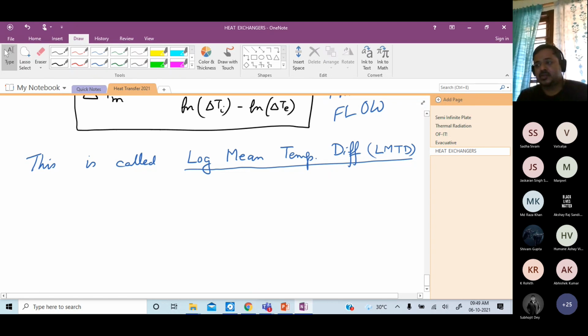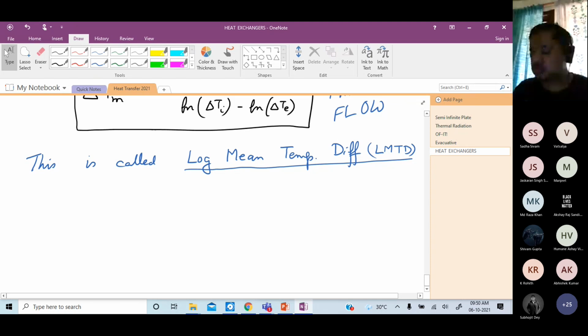Okay. So the entire solution to heat exchanger problems revolves around these three. As of now, whatever we have taught, these three are equivalent expressions for total heat transfer: m dot Cp delta T of the hot fluid, m dot Cp delta T of the cold fluid, and UA times the mean temperature difference.